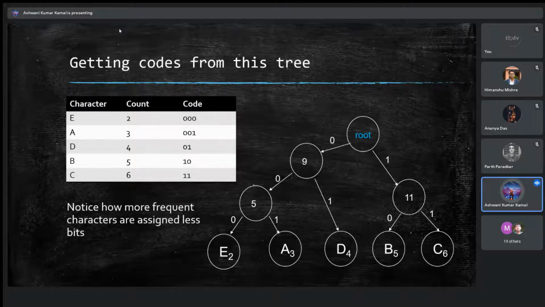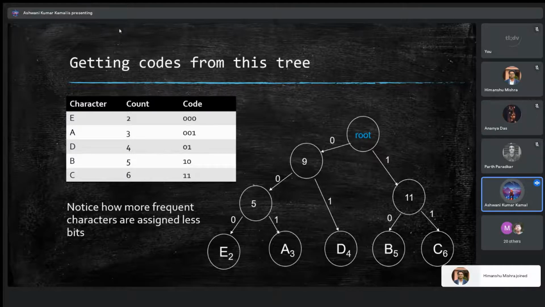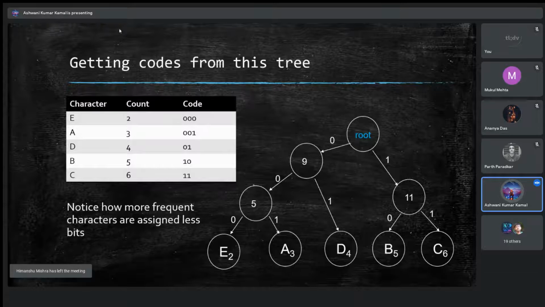Same for A, it will be assigned 001, D 01, B 10, and C 11. One thing to ponder is that naturally the letters which appear the most number of times end up closest to the root, hence fewer bits were assigned to them. So we can see this paradigm is better than the one we saw before, because we don't have to use fixed size coding now.